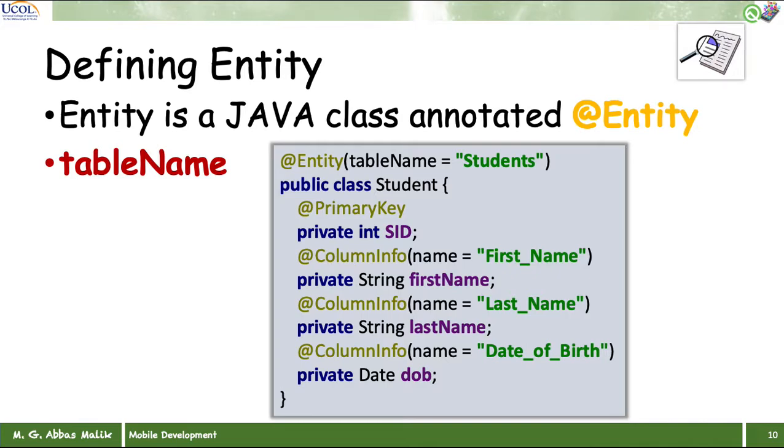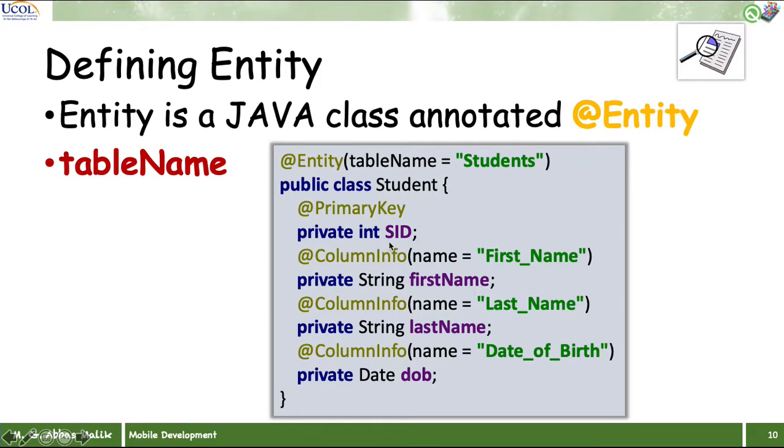So we want the table name within our database to be students, not student. To achieve that, we write @Entity, start the parentheses, and say tableName equals students. Now the table name within our database will be students, not Student, which is the name of the class.